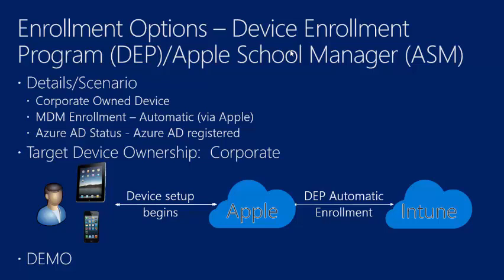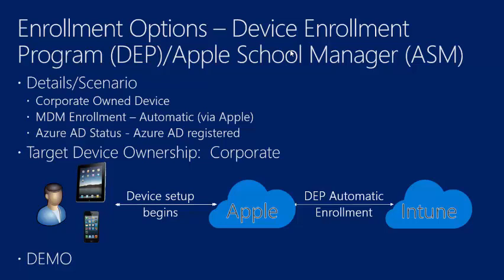So again, corporate-owned devices. The MDM enrollment is an automatic thing by that device talking to Apple, right? The disposition of this device is no different. Whenever you look in Azure AD, it will show Azure AD registered, right? But if you look at the status of that device, it again will be a corporate-owned device because it's being provisioned through DEP, okay?